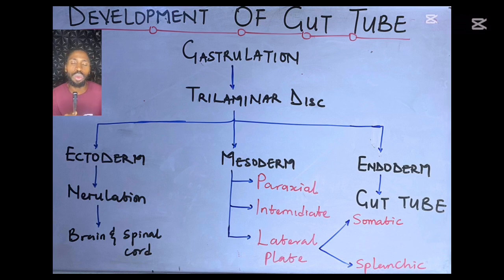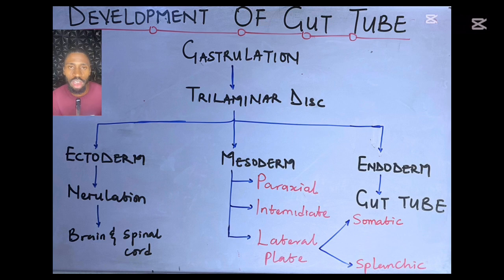So at day 15, what happens? You are forming the trilaminar disc, which is the ectoderm, the mesoderm, and the endoderm. When all this happens, from the ectoderm you form the neural tube. The neural tube closes through the process of neurulation, and it develops into the brain and the spinal cord.